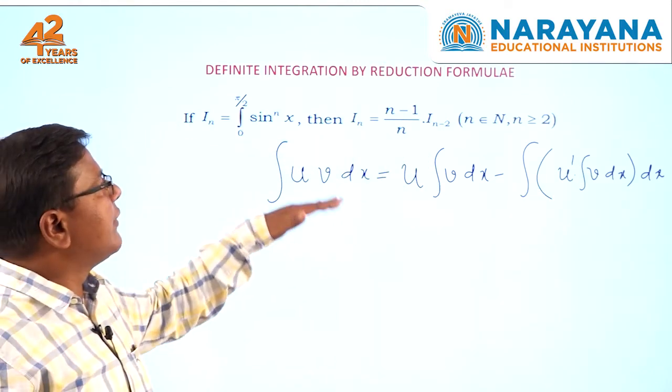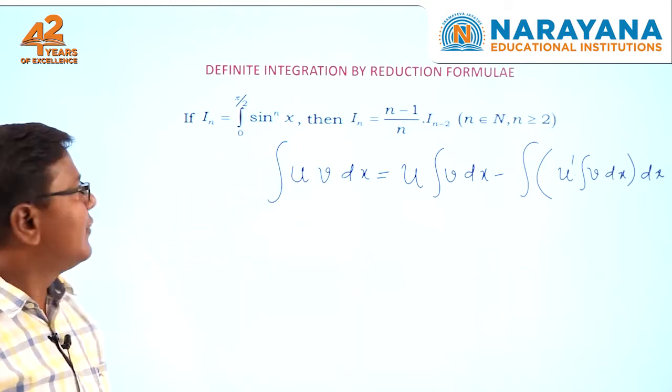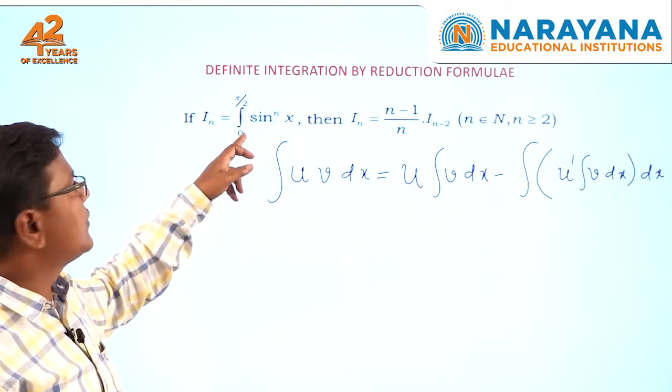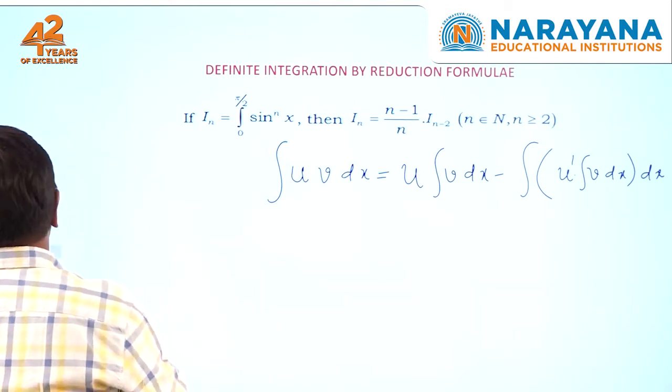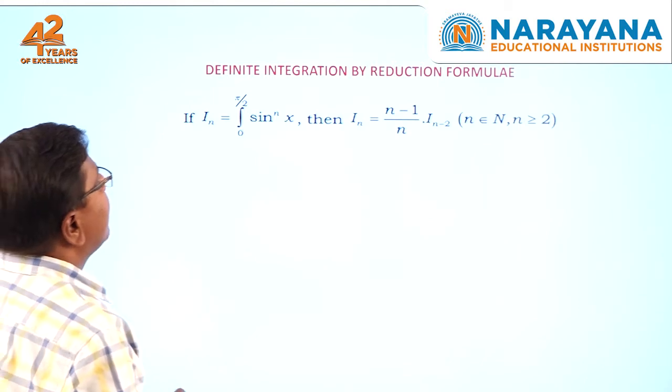By using this result, you will prove the reduction formula of the integration from 0 to pi by 2 of sin power n x dx, right? Now look at how to proceed.